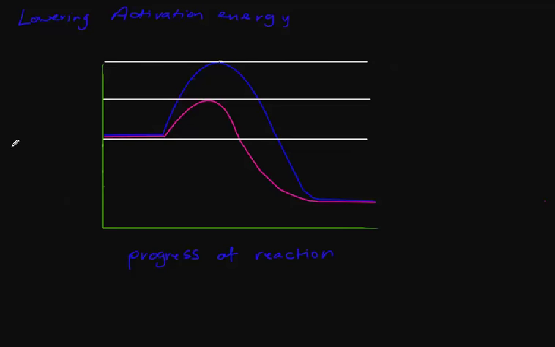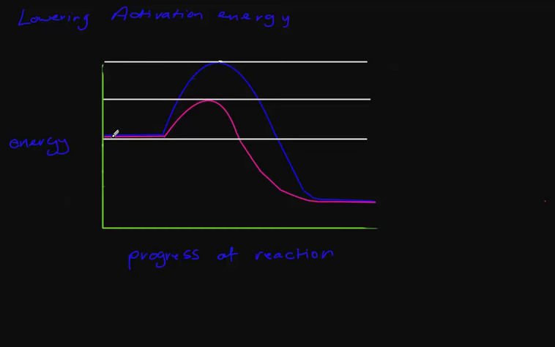So on our y-axis, it is energy. Anything above this line means that there is energy input needed, and below it there's energy released. So we can see in this particular graph there is energy being released at the end of the reaction.